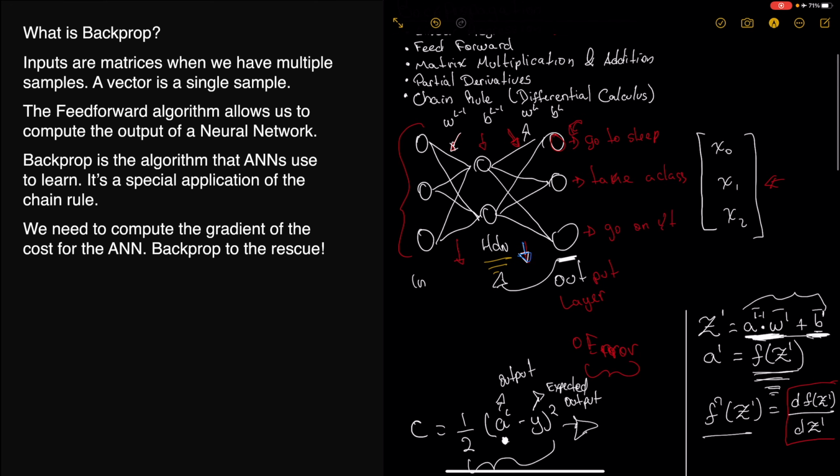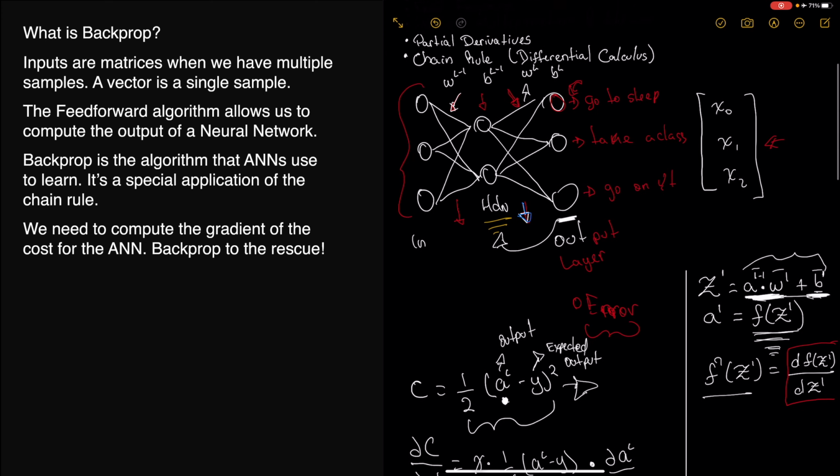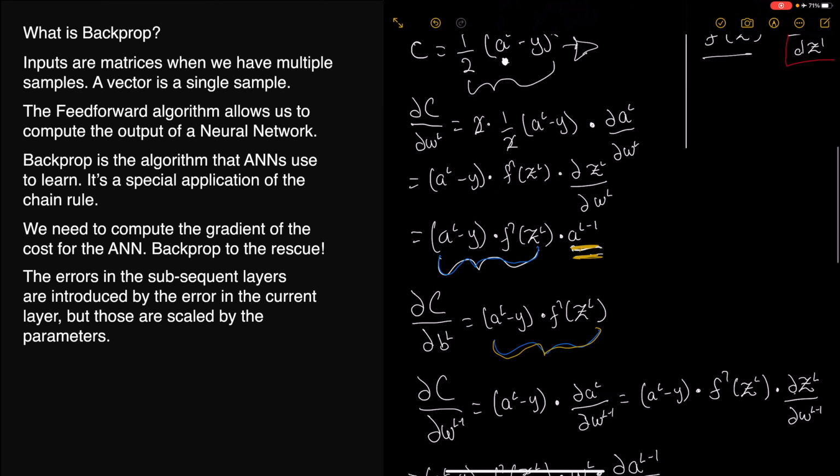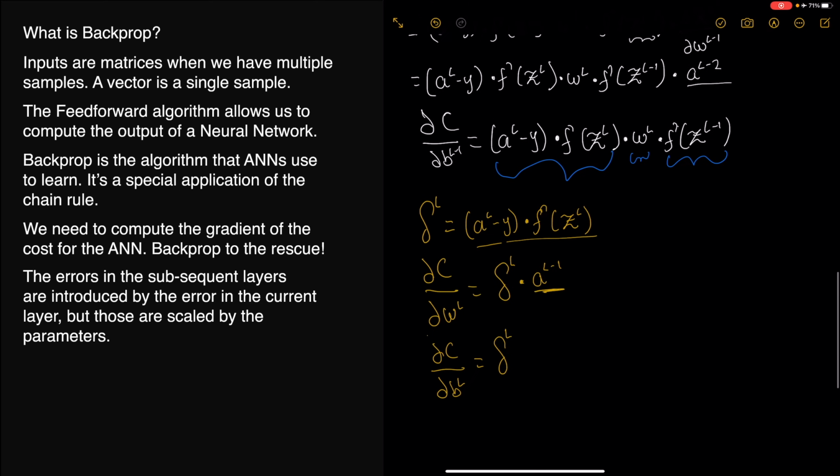Therefore, that error is part of all the previous layers, right? Those errors are introduced by those layers. Therefore, they should be part of the error at that point. In fact, the error on all the previous layers depends on the error that we have at the last layer, because the last layer depends on the previous layers. I hope that's how we make it a little bit more intuitive, right?